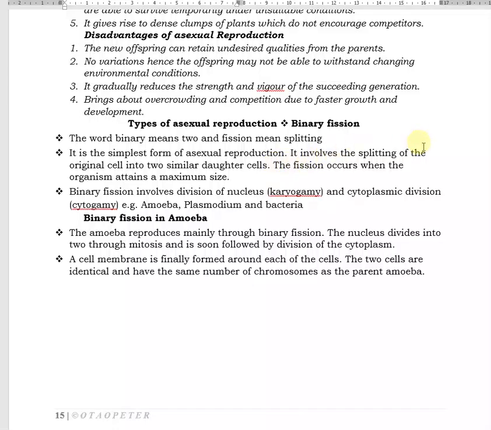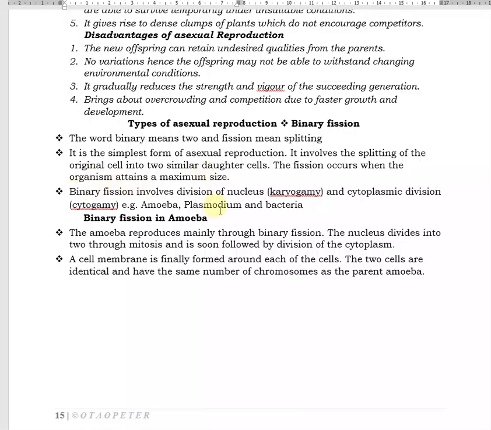It is the simplest form of asexual reproduction. It involves the splitting of the original cell into two similar daughter cells. The fission occurs when the organism attains a maximum size. So that means binary fission cannot occur when the organism has not attained a maximum size.